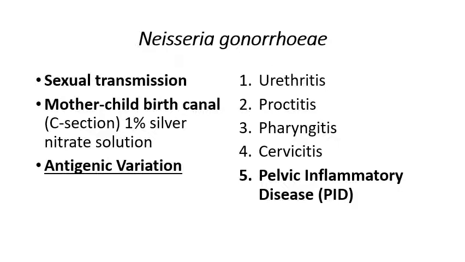So if the baby's head comes out through the vagina, and the vagina is infected with Neisseria gonorrhea, the Neisseria gonorrhea will get into the baby's eyes on the way out through the birth canal. From the eyes or the ears, it's a relatively short trip into the brain, causing inflammation of the meninges, and it is possible for the baby to die from meningitis.